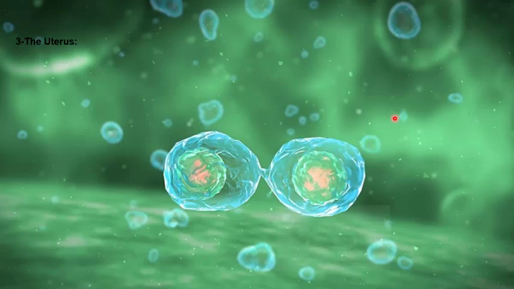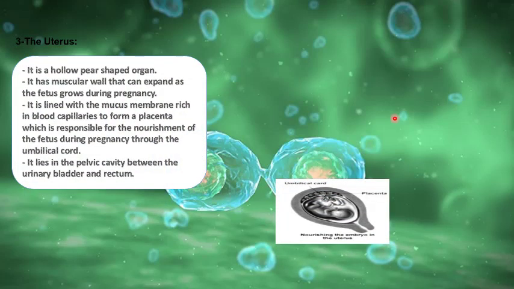Number 3, the uterus. It is a hollow pear-shaped organ. It has a muscular wall that can expand as the fetus grows during pregnancy. It's lined with a mucous membrane, rich in blood capillaries, to form a placenta, which is responsible for the nourishment of the fetus during pregnancy through the umbilical cord.